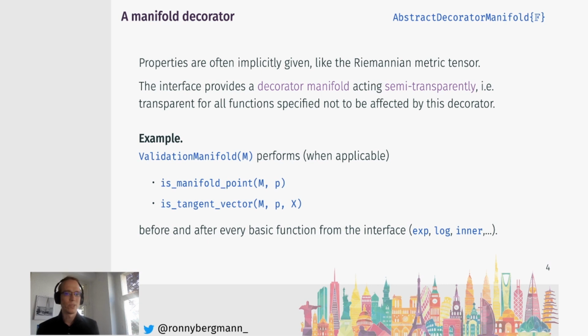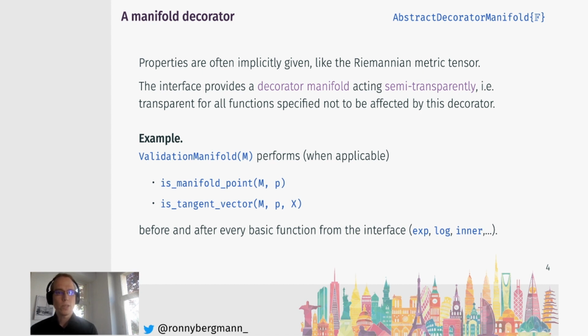For example, the manifold dimension will for most cases be transparent. For example, for the validation manifold, that when applicable adds is manifold point for points you plug in or you get out of a computation, or checks whether it is a tangent vector that you get out, that x is actually a tangent vector on that manifold. And that can just be added around any manifold to add further testing when you're developing.